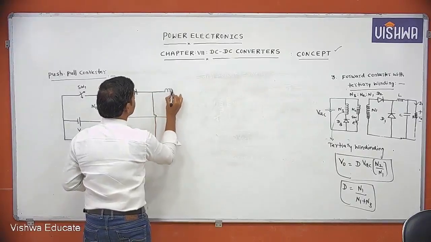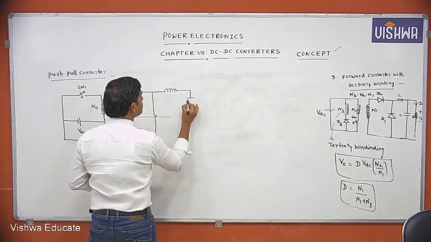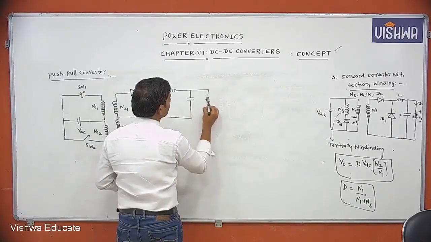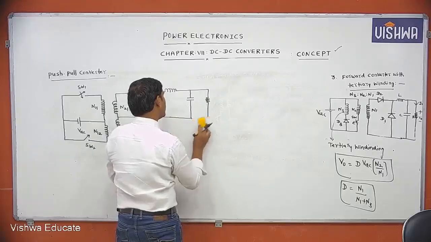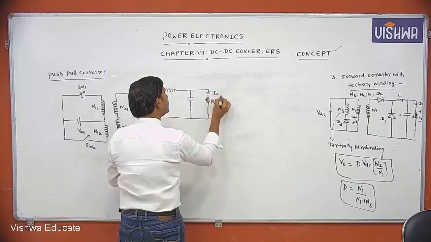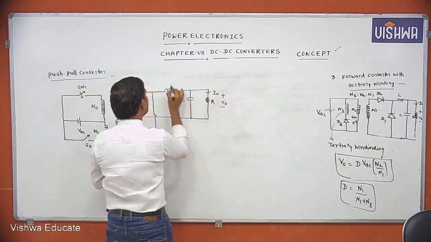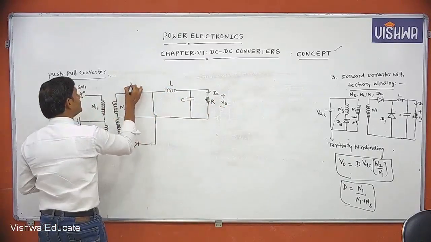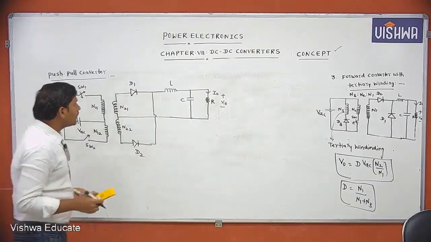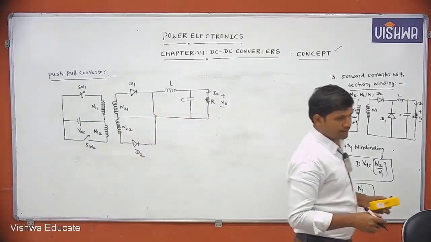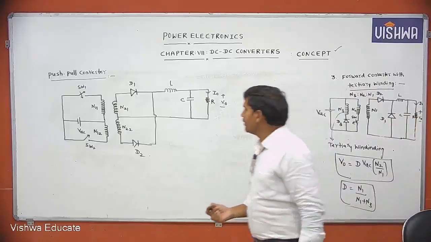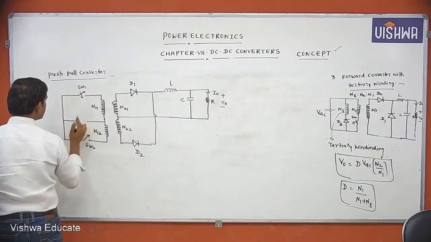Then inductor, capacitor, supplying the power to the resistor R, I naught, C, L. This is the push-pull converter. No doubt. The supply voltage like this.